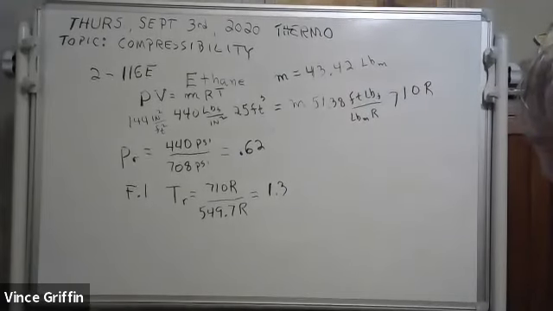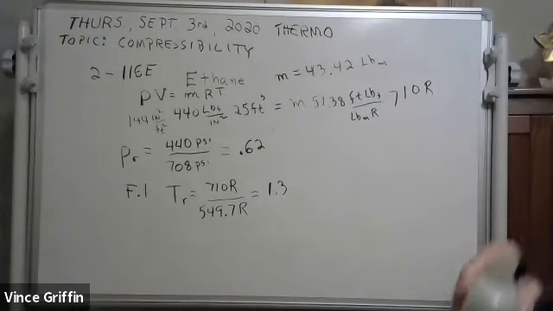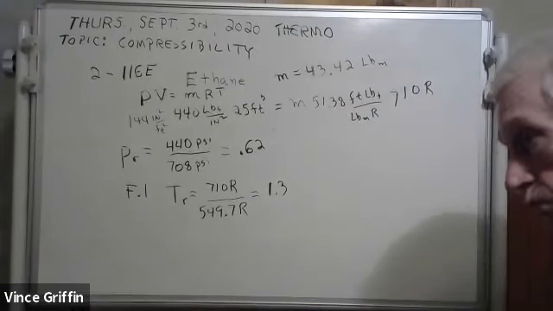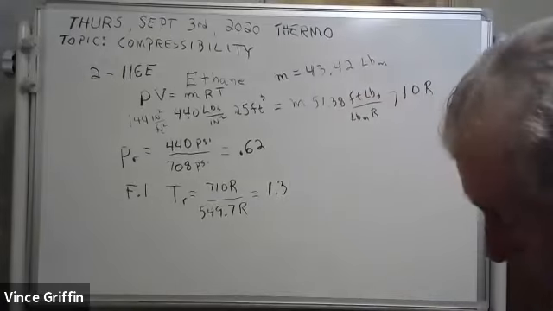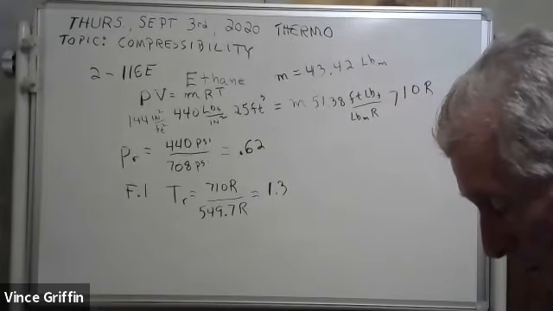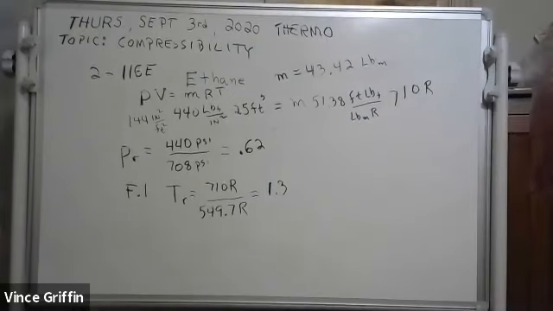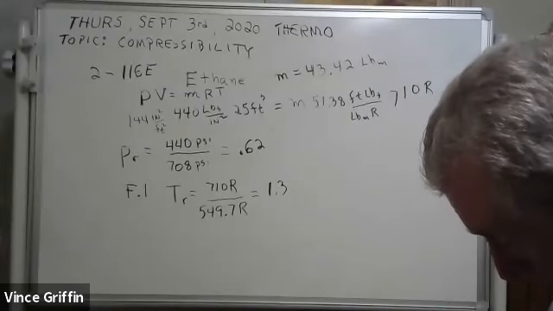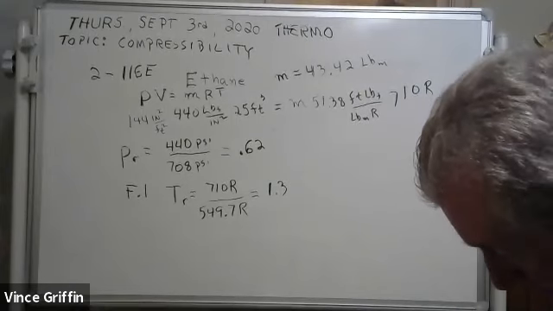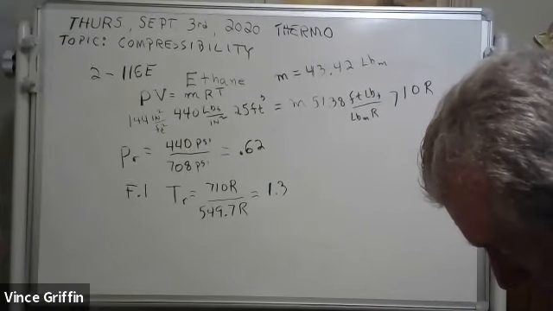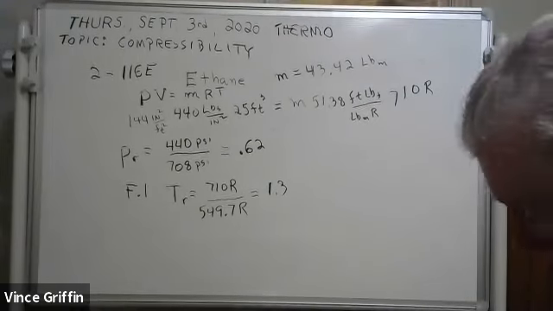Now, once you get that, we're going to go to that graph. We're going to look up 0.62 and we're going to look up 1.3.